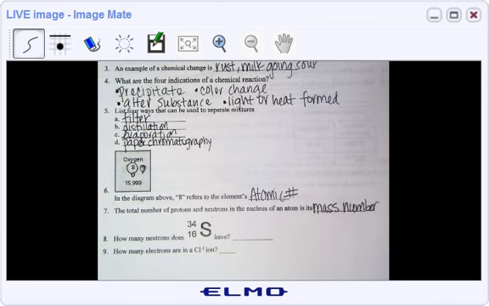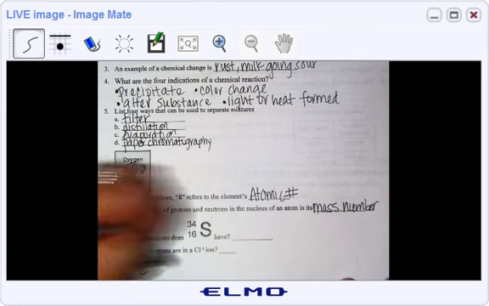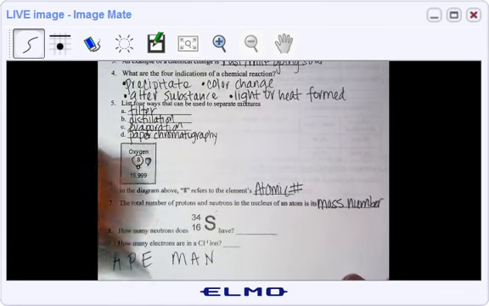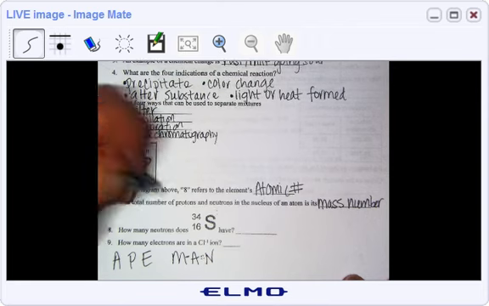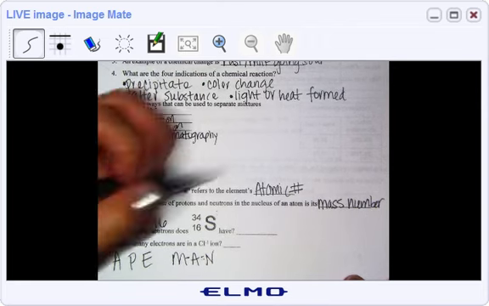For number 8, how many neutrons does sulfur have? So if you remember ape man, the mass number minus the atomic number equals the neutrons. So 34 minus 16, and that's going to give us the neutrons.